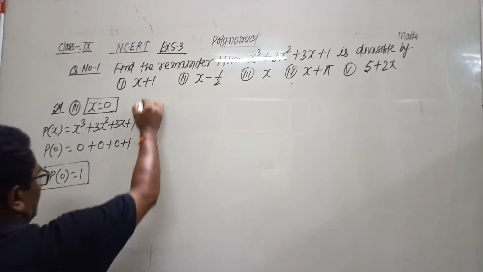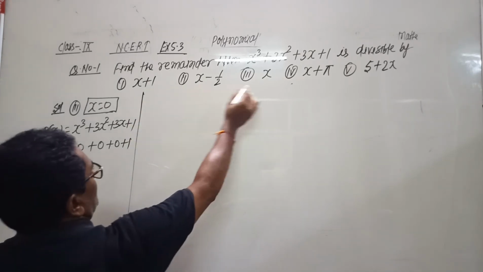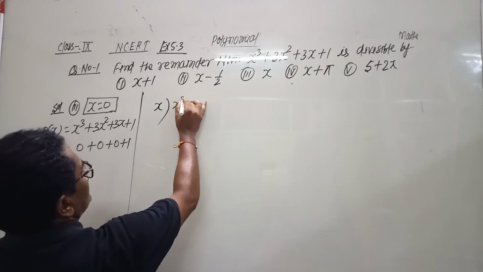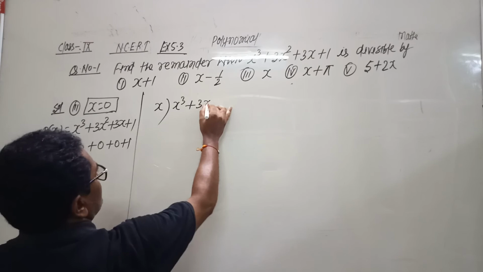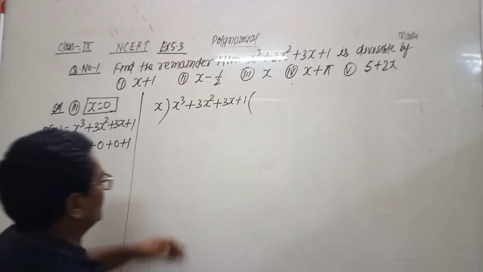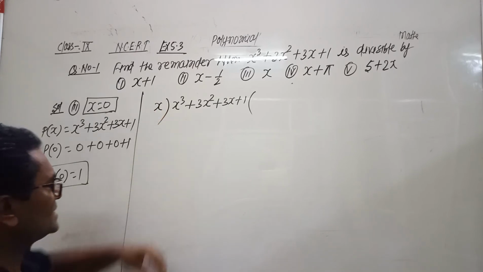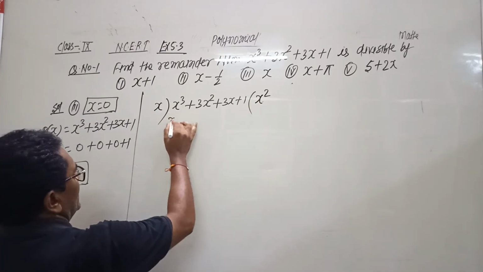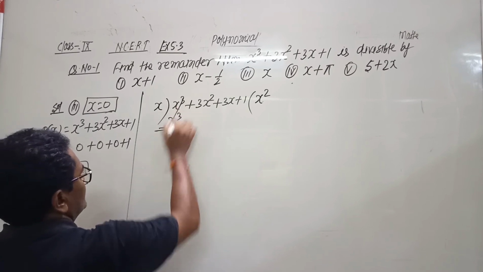Now by another method we have to divide. x is the divisor and the dividend is x cube plus 3x square plus 3x plus 1. So the first term is x cube, divided by x, which goes x square times into x cube, sign changed.